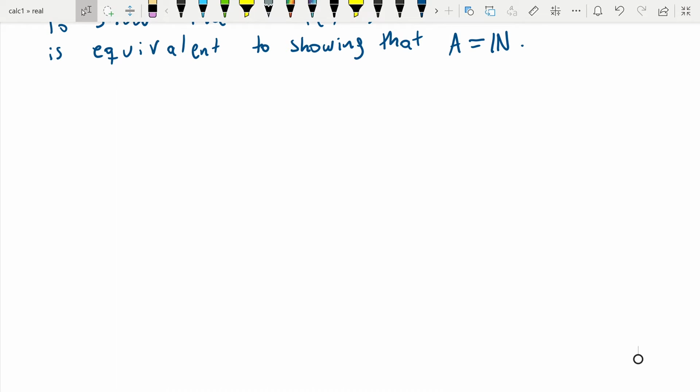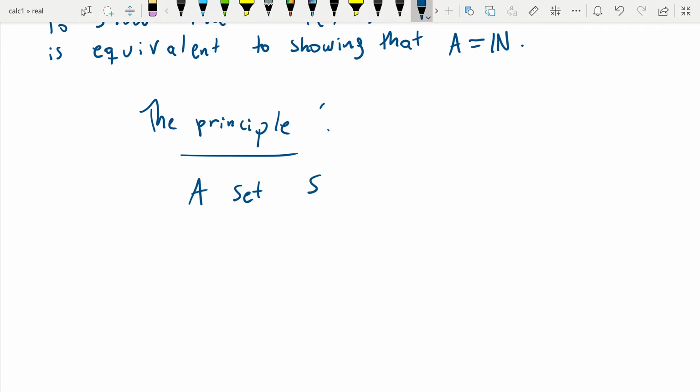So the principle can be stated as this. We have a set S, a subset of the natural numbers, satisfying two conditions.